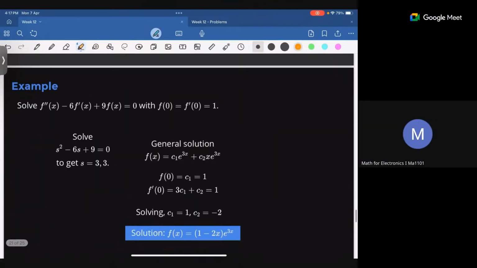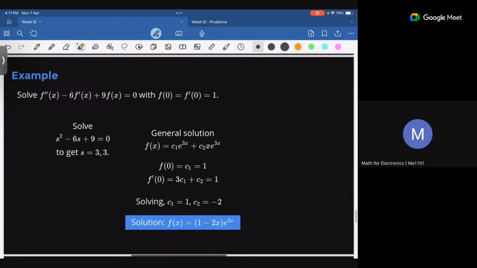Here is the example. Let's say the second order ODE is given like this. If you form the auxiliary equation, you will have s square minus 6s plus 9 is equal to 0.